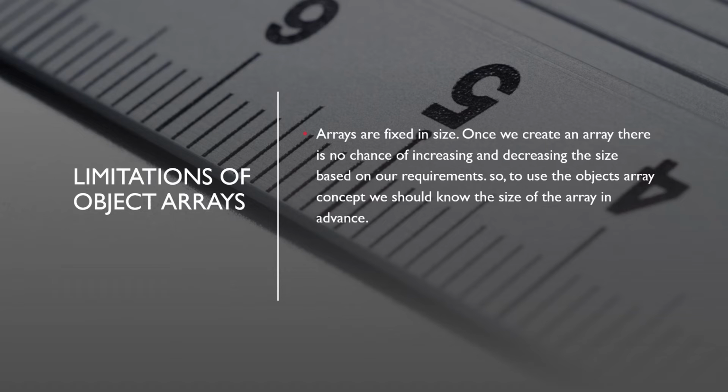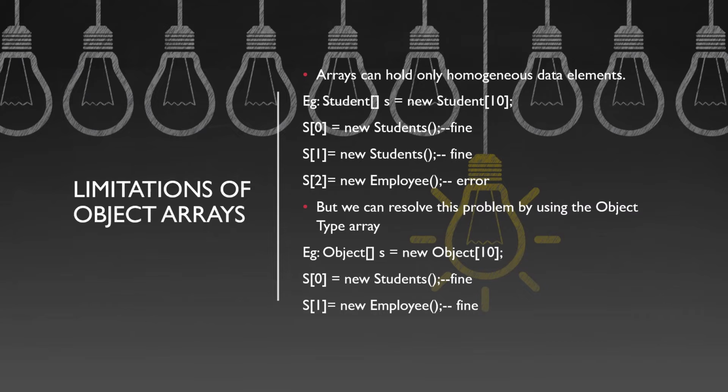So to use arrays, we should know the size of the array. Arrays can hold only homogeneous data elements. Homogeneous means a similar kind of data. If we create an array of student type, we can only add student type objects to that array.